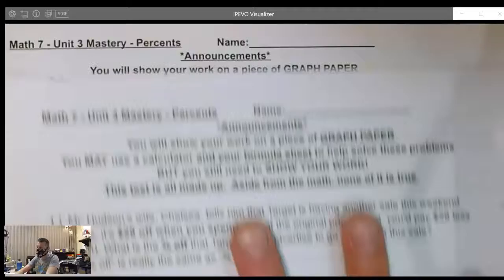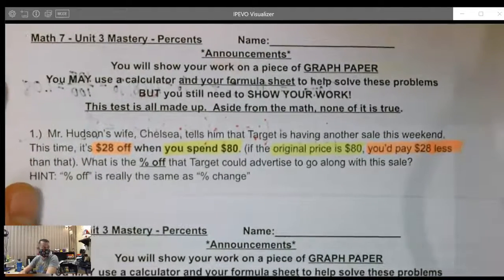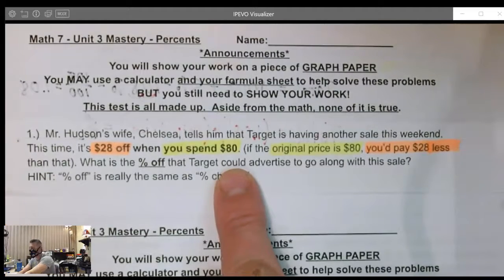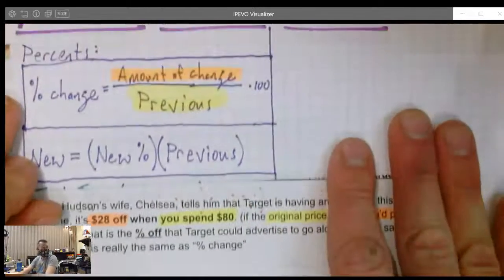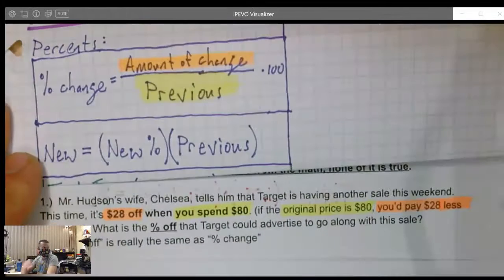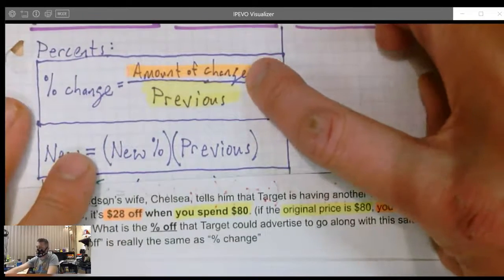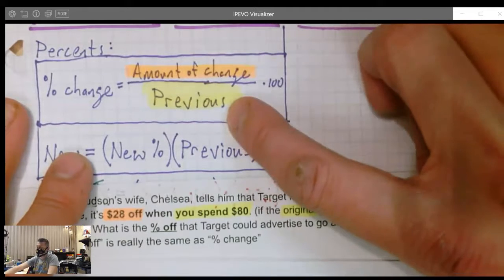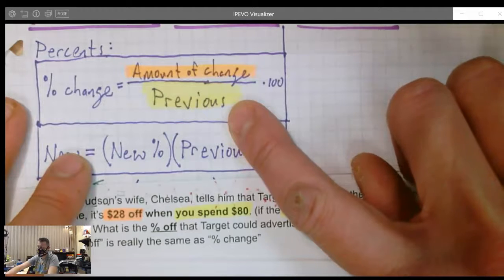So if we start highlighting things to help us out, we have $28 off of $80, and what we're trying to answer is a percent change question. We know percent change is the amount of change that happens divided by what the thing would have been before the change happens.